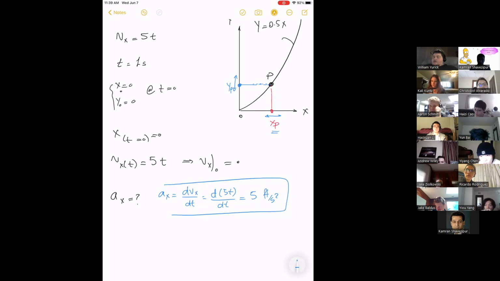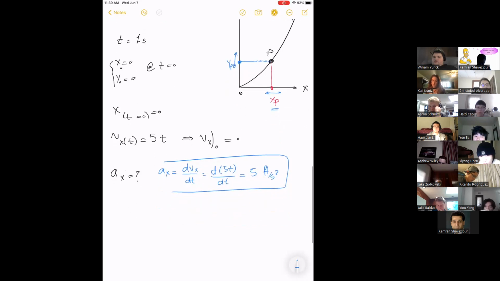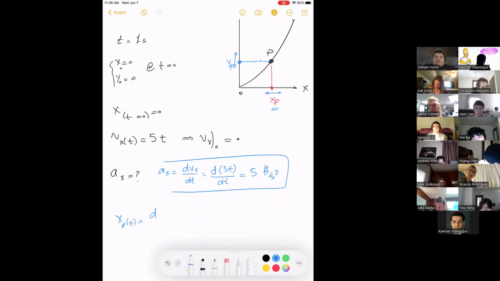From the equation you gave us, I think x equals initial velocity plus acceleration times t. Or we can say xp of t is going to be the integration of Vx dt, right? From 0 to arbitrary t.